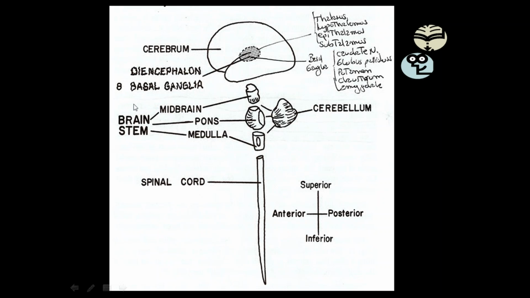Below this, we have the brain stem, the midbrain, pons, and medulla. What we need to remember about this, the functions, right? The frontal is going to be motor. It's going to be the cognitive, the consciousness, the thoughts, okay? The reasoning, logical thoughts are going to be in the frontal hemispheres. The parietal hemispheres are for sensorial.